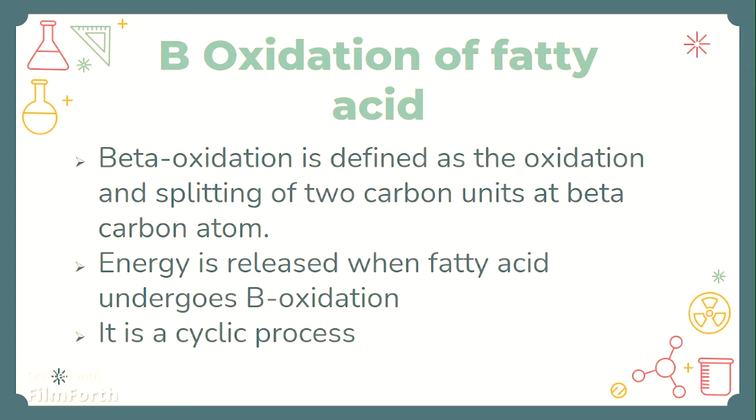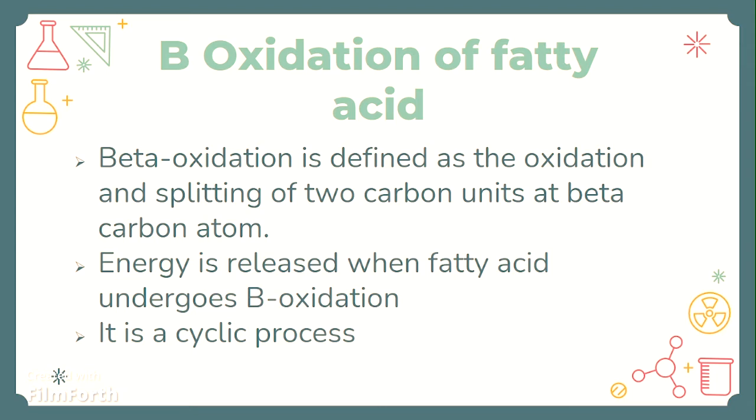And if you don't know what fatty acids are, they are rich sources of energy. Beta oxidation is also defined as the oxidation and splitting of two carbon units at the beta carbon atom. This results in sequential removal of two carbon fragments as acetyl coenzyme A until the complete oxidation of fatty acids.